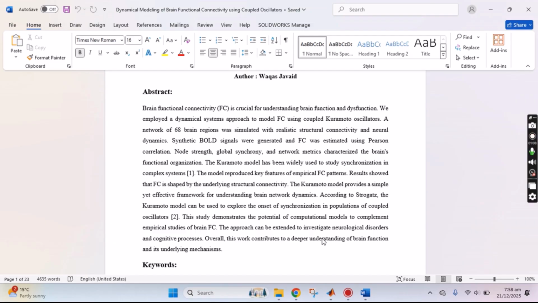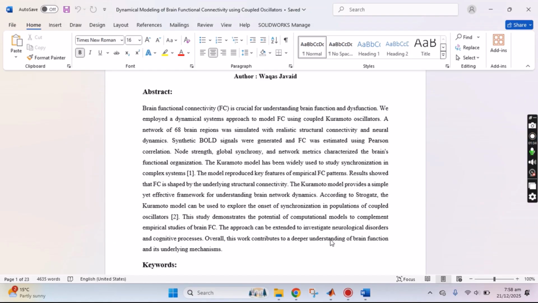Kuramoto was one of the scientists who provided the model, widely used to study synchronization in complex systems. The model reproduces the key features of empirical functional connectivity, and the results showed how the functional connectivity is shaped by the underlying structural connectivity.